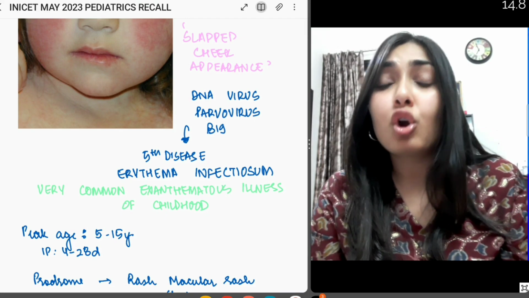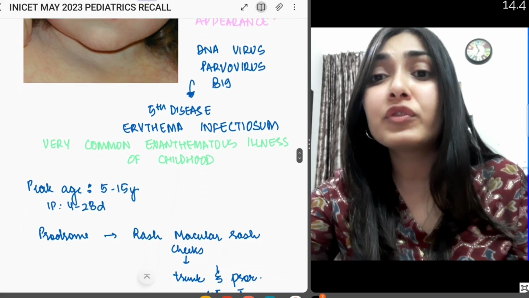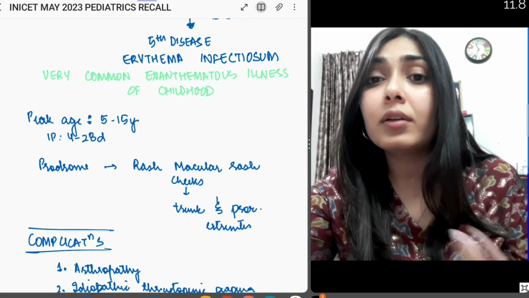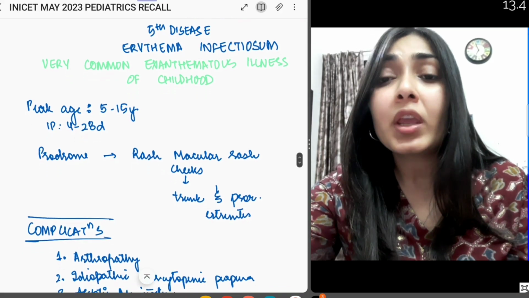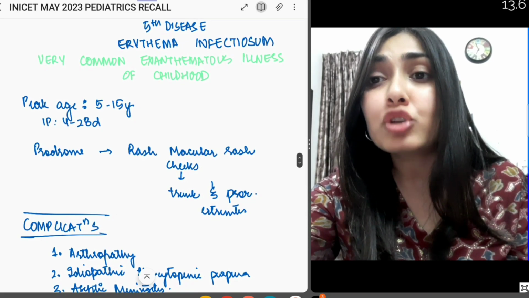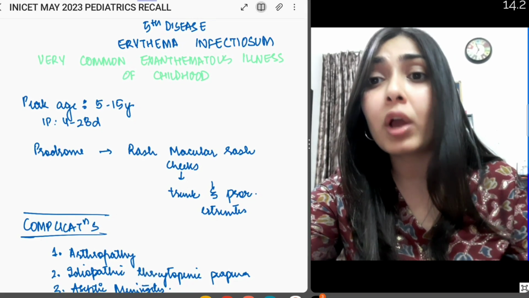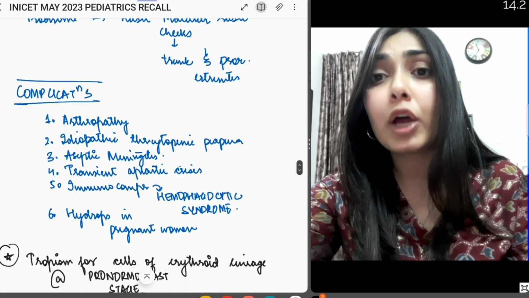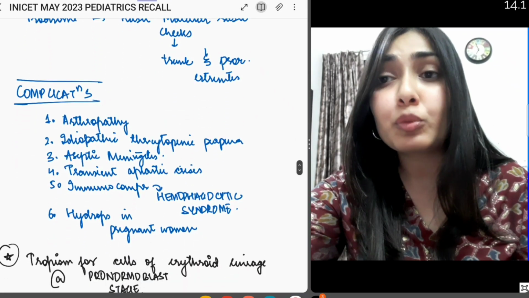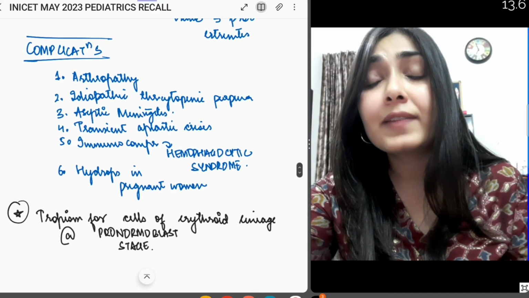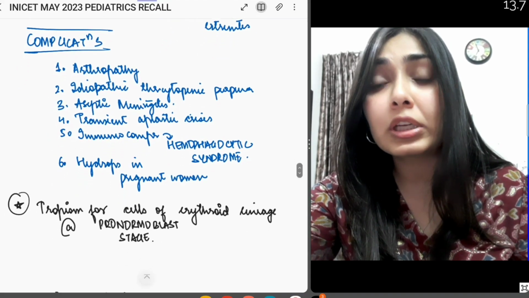The peak age of this disease is 5 to 15 years, and the incubation period is 4 to 28 days. The spread is through the respiratory route. In this, you'll initially see a prodrome followed by a macular red rash on the cheeks that spreads down to the trunk and the proximal extremities. The complications seen with this virus are arthropathy, idiopathic thrombocytopenic purpura, transient meningitis, and transient aplastic crisis in patients with chronic hemolytic anemias.